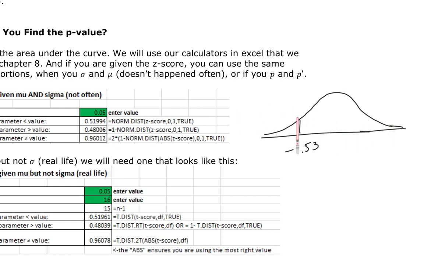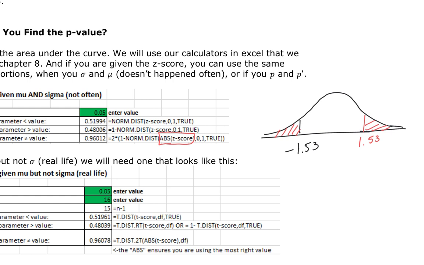And I multiply it by 2, so I'm going to get a number that's going to be larger than 1. So what I want to do is move this z-score to the right of the mean. To move this z-score to the right of the mean, I need it to be a positive 1.53. The way I do that is I take the absolute value of that z-score. So then I'm finding this area up here. And I'm going to then multiply it by 2, and that will give me this area down here as well.